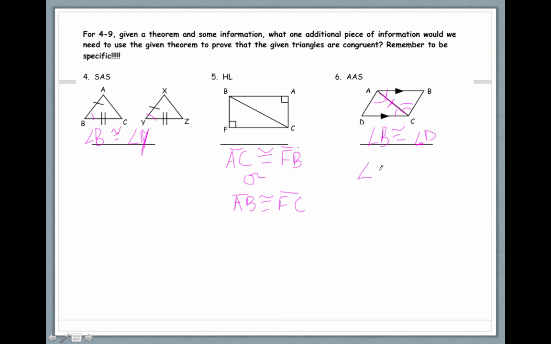So angle BAC congruent to angle ACD, or angle BCA congruent to angle ADC.